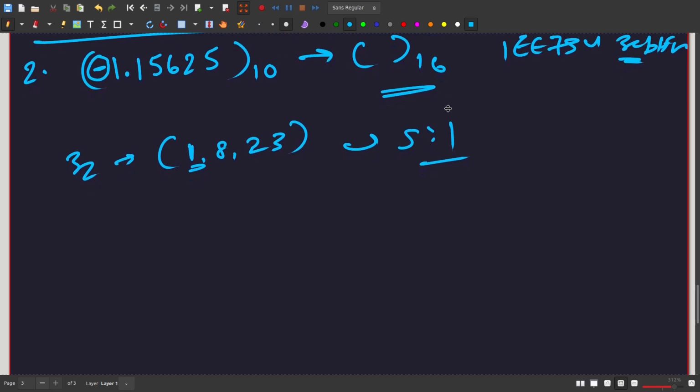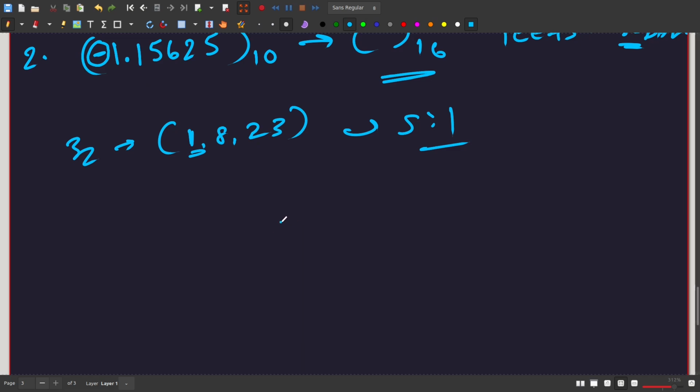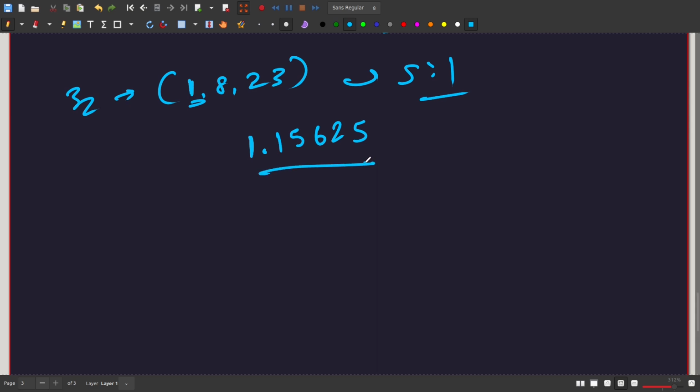Awesome, brilliant. Let's move. Now ignore the negative sign. Now let's just look at our little decimal string here, 1.15625. If I notice, I can already see that it looks normalized, basically.